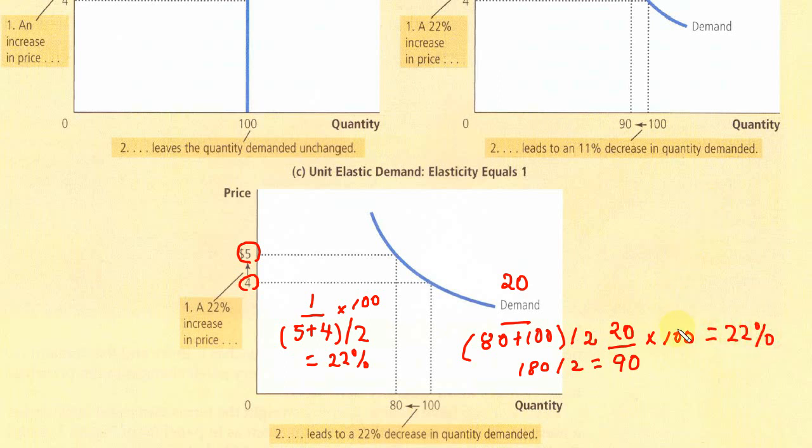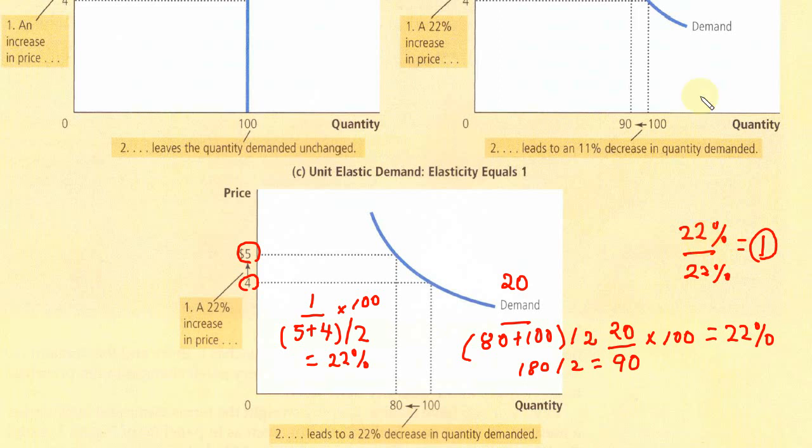The price change is 22%, and the percentage change in quantity demanded is also 22%, so elasticity is 1. We can calculate it like this.